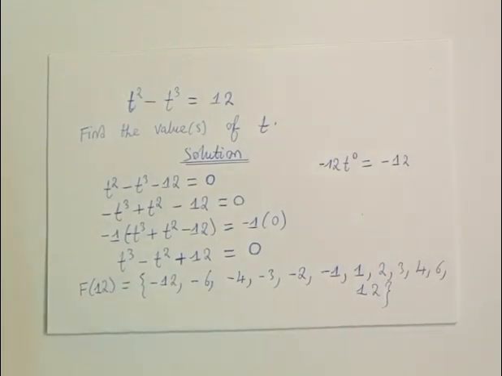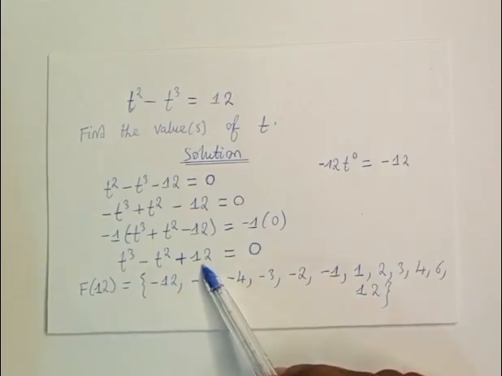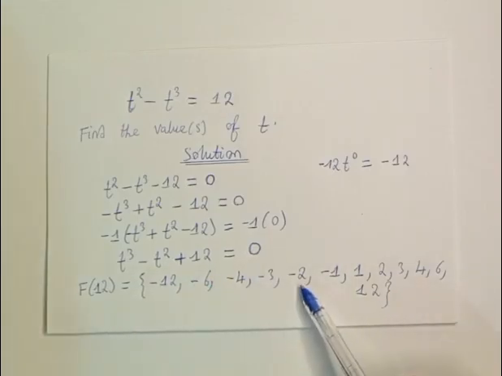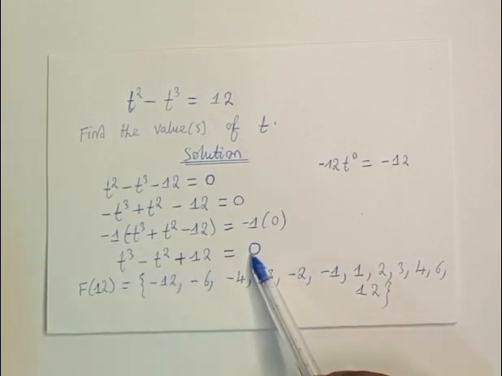The next step, we are going to try these factors of 12 in our polynomial by replacing t with one of the factors, and we simplify to see if we are going to obtain 0. By trying the different factors of 12, you discover that putting t equal to negative 2 will give us 0.